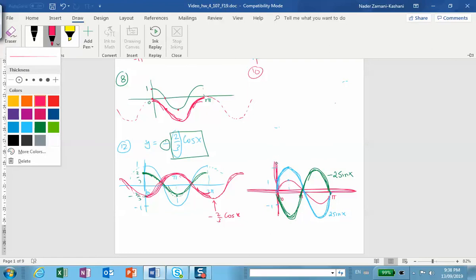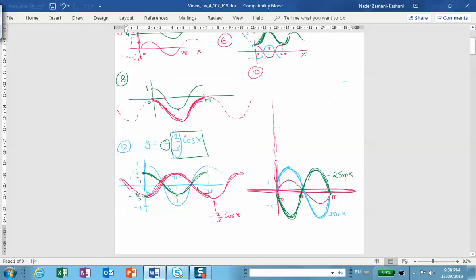The green one is shifted up by 4. So this point goes to 4. This is 2 and this is 4. This red one that I'm drawing for you is going to be the final graph. Everything is shifted up by 4. Remember, this was 2, so this goes here.